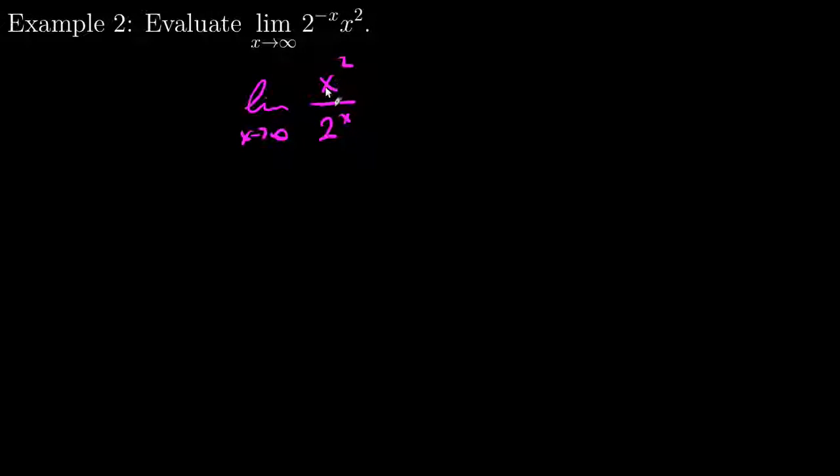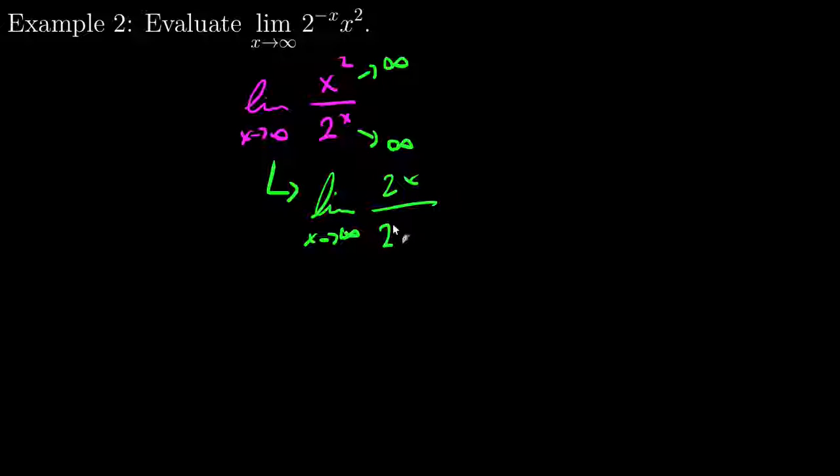When I see that x is approaching infinity, I can tell that the numerator is approaching positive infinity, the denominator is approaching positive infinity, and I can use L'Hopital's rule. So that gets me to the limit as x approaches infinity of 2x divided by 2 to the x natural log of 2. That's the derivative of 2 to the x.